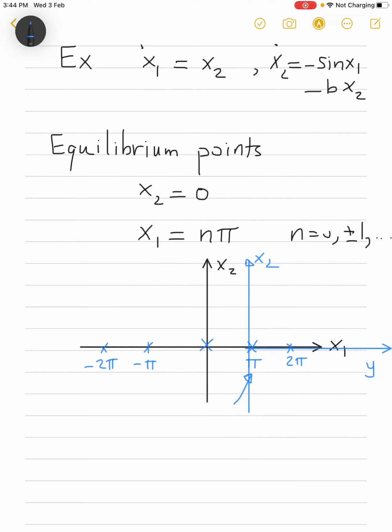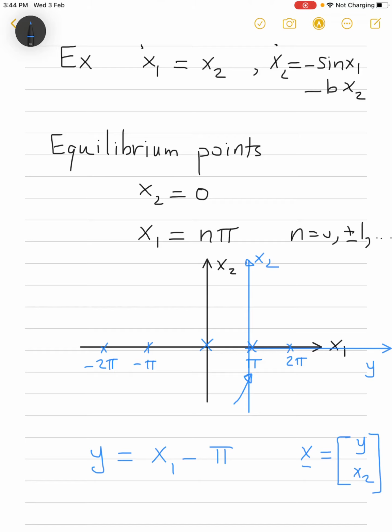I'm going to define y as x1 minus pi. In this way, if x1 is equal to pi, then y would be equal to 0, which means I shifted the equilibrium point to the origin of the new axis, and in that case my state variable vector x will be composed of y and x2.